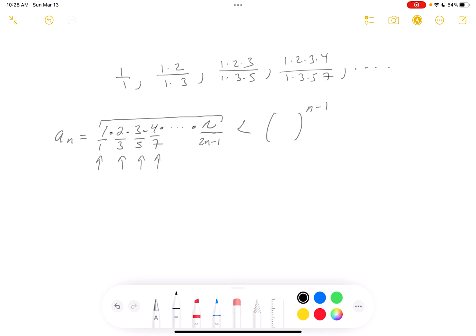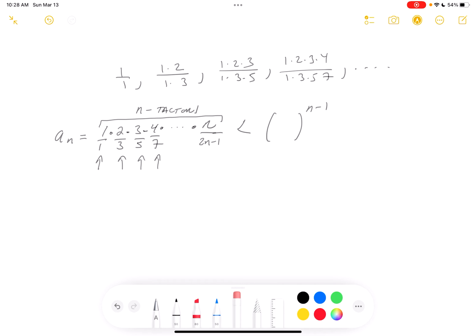There's n factors here, right? But I've got to clip off that 1 because it's just not right there. It doesn't look like a fraction. The other ones look like fractions. So that's why I said n minus 1.